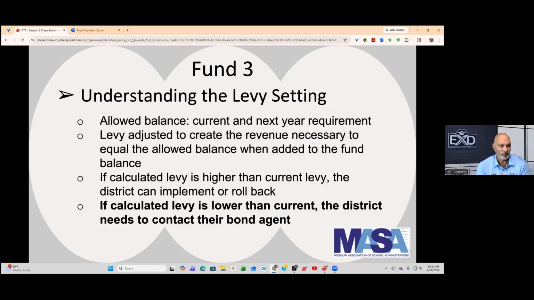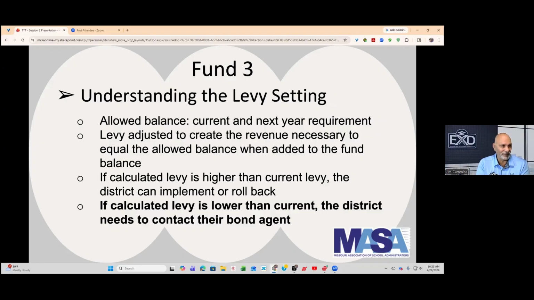What happens in Fund 3 is you are allowed, and this is kind of a synopsis, a nutshell, to have 2 years of needed resources in Fund 3. So if you have $10 in your account, and the next year is going to cost 8 and the following year is going to cost 7, that's $15.